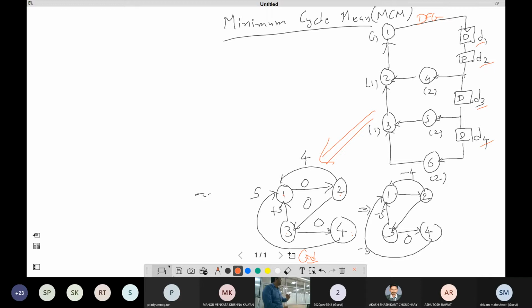Now nodes have to be connected through some edges, and those edges should have some weight. Okay. So we have seen that in a graph, basically you have nodes. Nodes are connected through edges, and edges have a weight. Now, ultimately, edges suggest that there is a way through which I can reach from this particular delay element to this particular delay element.